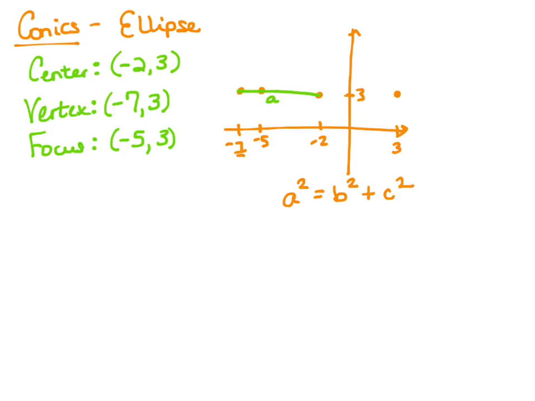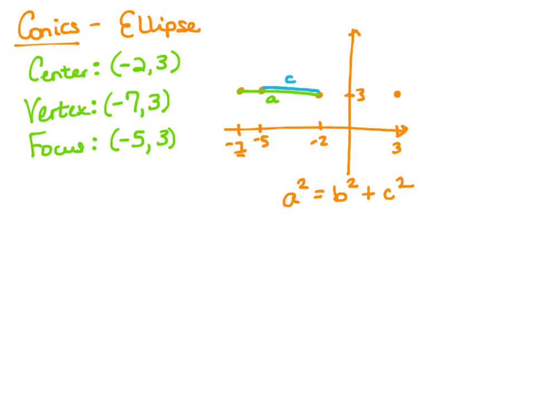This is going to be a. The c squared, that's the distance here to the focus, that's c. And then b, that's the distance that we don't have right now, but that's going to be the distance from the center to the vertex of the minor axis.